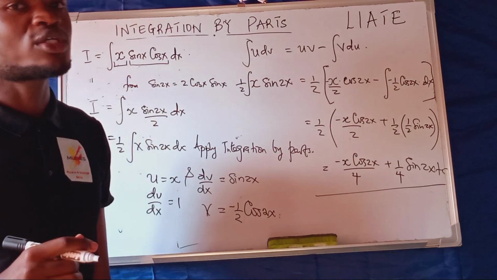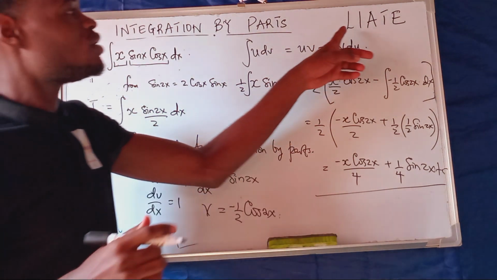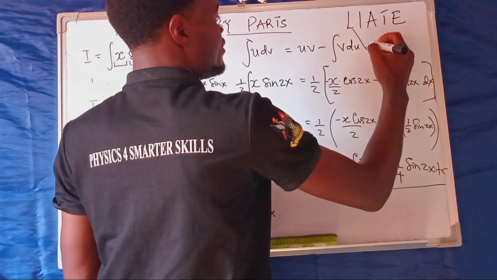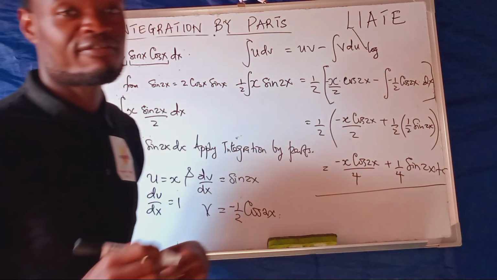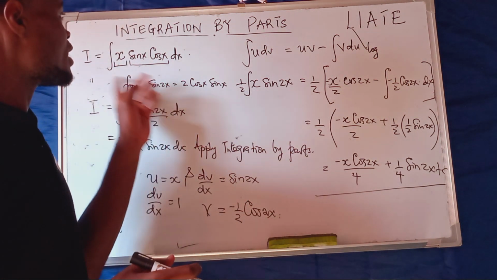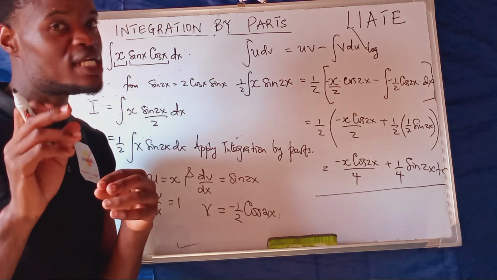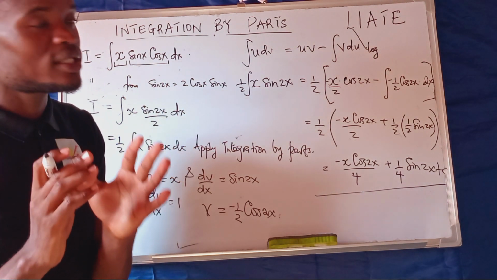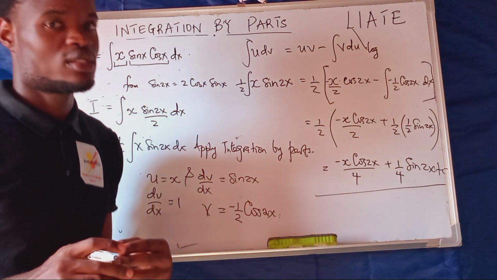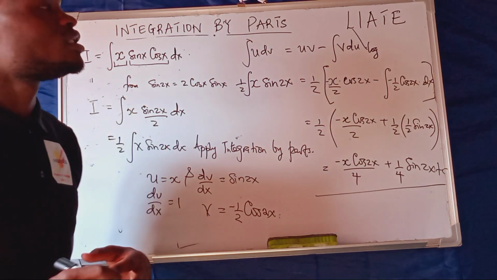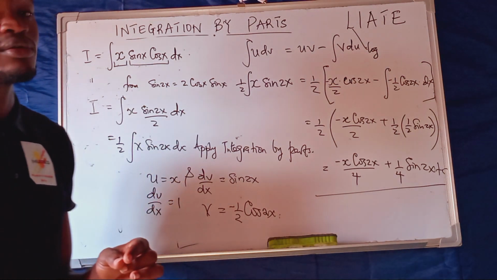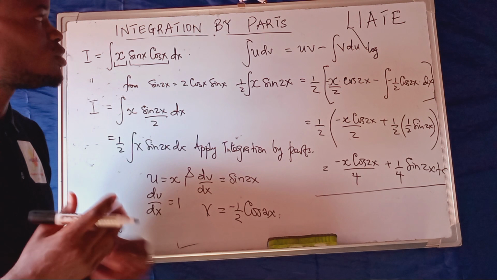So in your functions, if you see that you have a logarithmic function, choose that one first to be your u. If you compare the two, if you have a logarithm function somewhere, you just pick it as your u, because a logarithmic function is kind of hard to integrate. So if you differentiate it, it will be simpler.